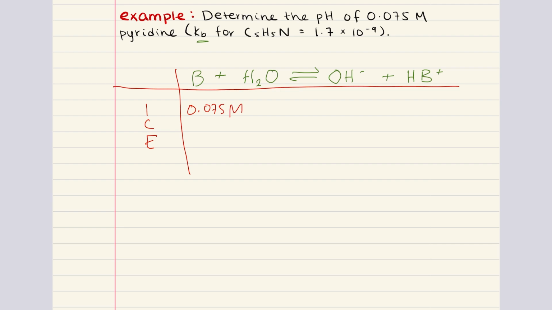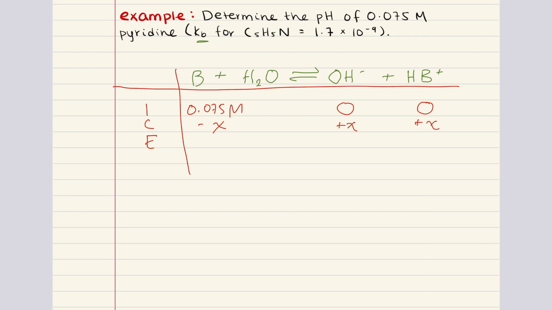Initially, it hasn't dissociated yet, so our concentration for our hydroxide ions and for our conjugate acid are 0. Then, over time, the weak base reacts in solution, and we form our hydroxide ions and our conjugate acid. So we're going to be losing some of our concentration for our weak base, and instead we'll be forming hydroxide ions and our conjugate acid.